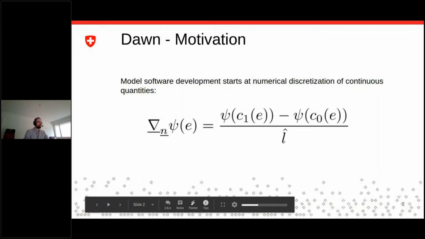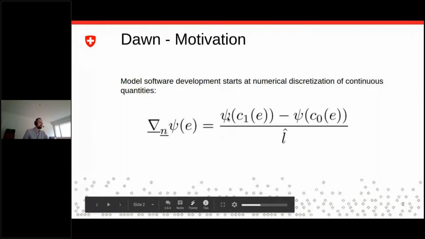for climate and weather models, usually that starts at the equations, and then these physical equations that govern our weather get discretized into numerical discretizations. Such a discretization is what we see here right now.